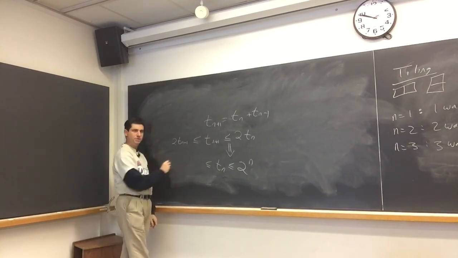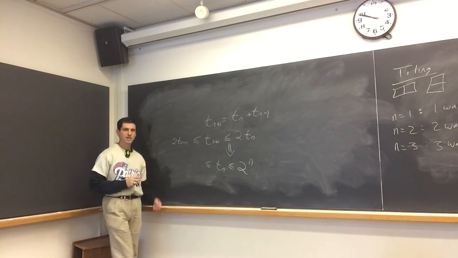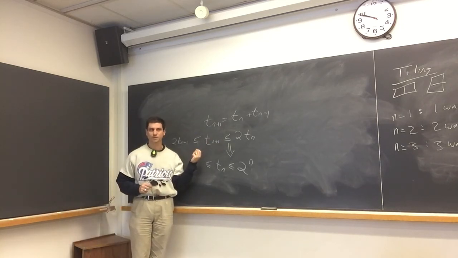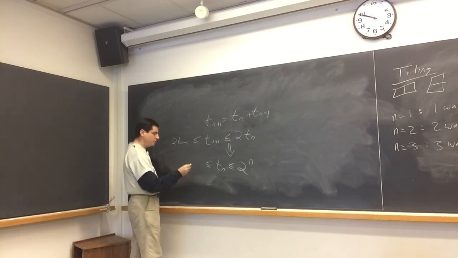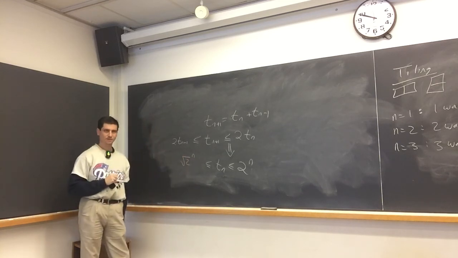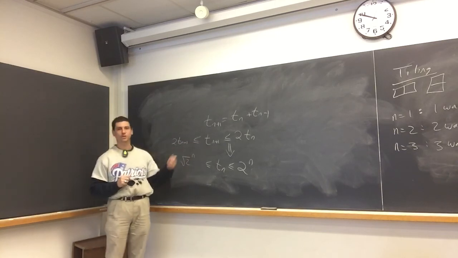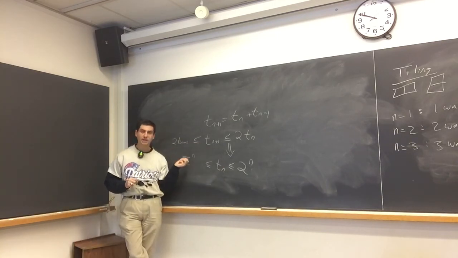So what should the growth rate be here? It takes two iterations to double. 2 to the n over 2, or square root of 2 to the n. And then if we do two steps, we get root 2 times root 2 is 2. So we expect Tn to be growing somewhere between 2 to the n and root 2 to the n.